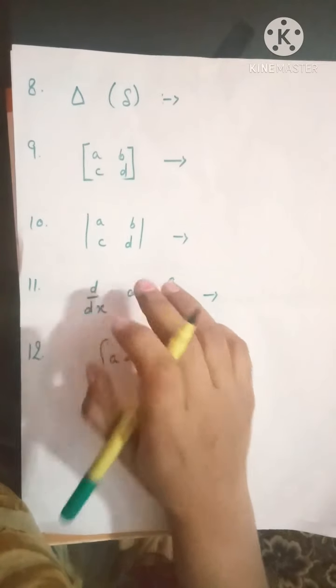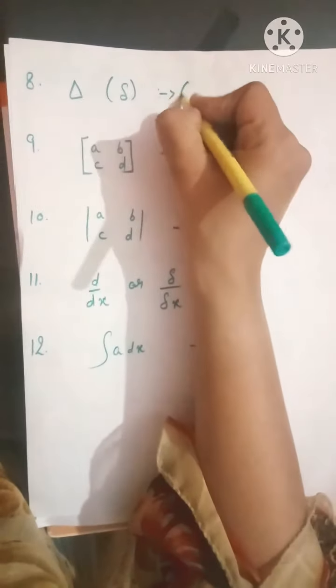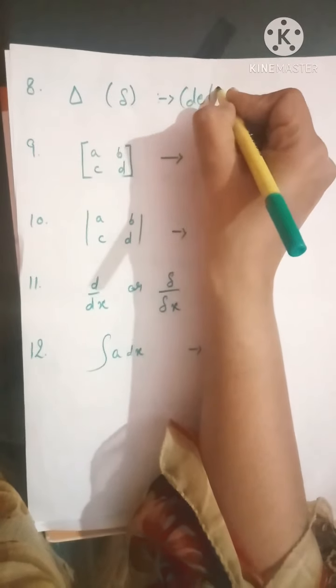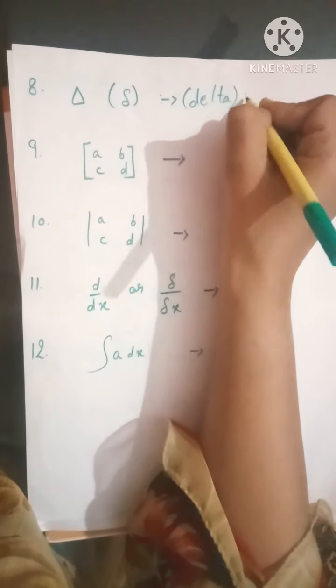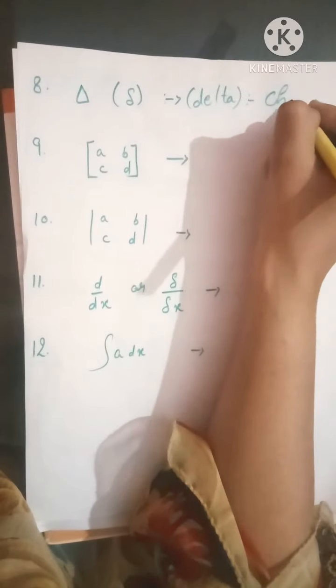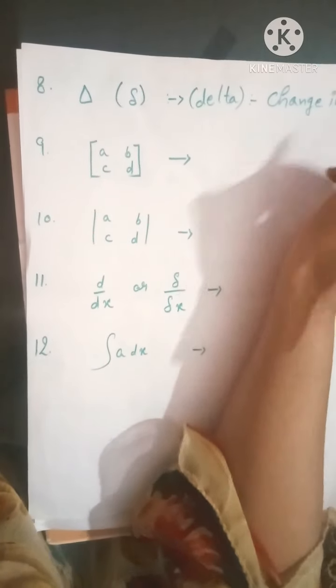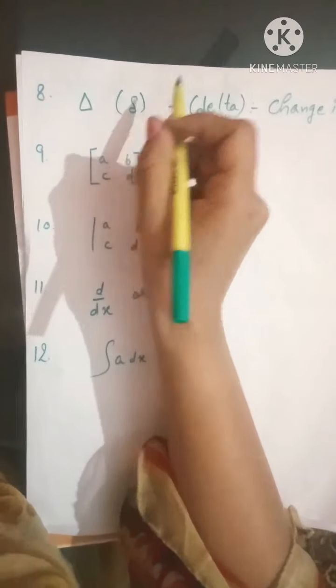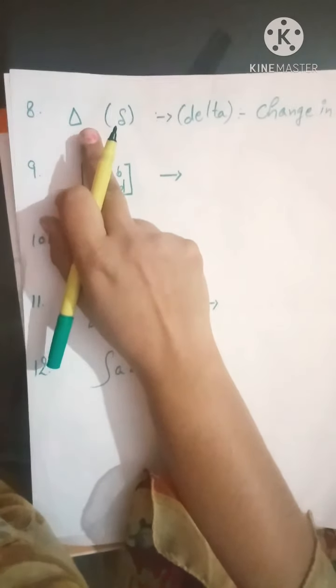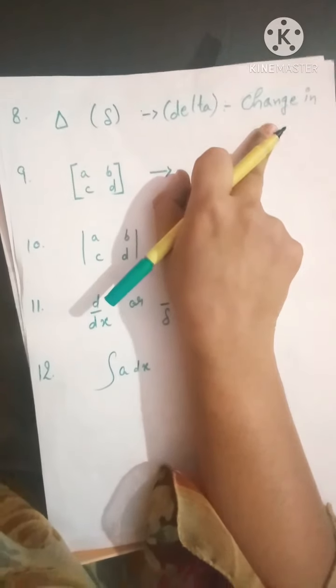Next symbol is delta. The symbol is called delta, and this represents the change in situation. That is, delta represents change in any type of situation.